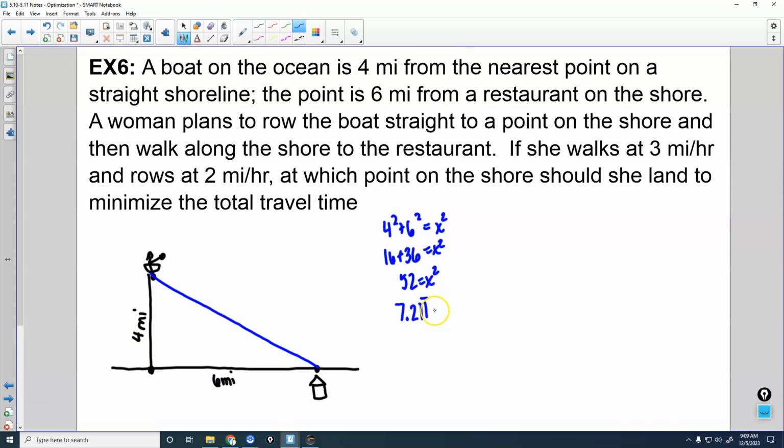It's probably not repeating, it's the square root. 7.2111 is your distance here.